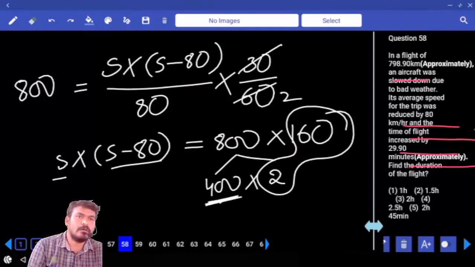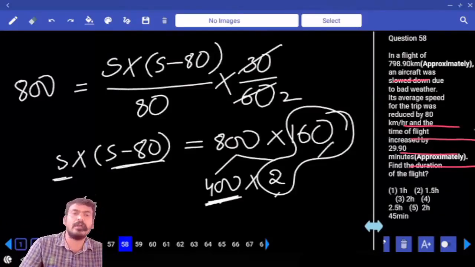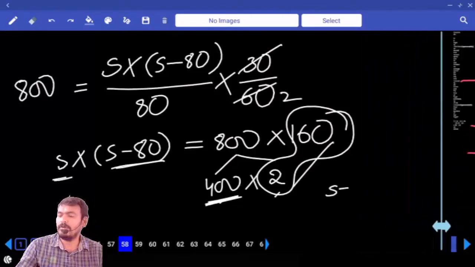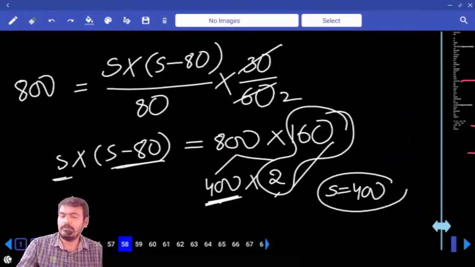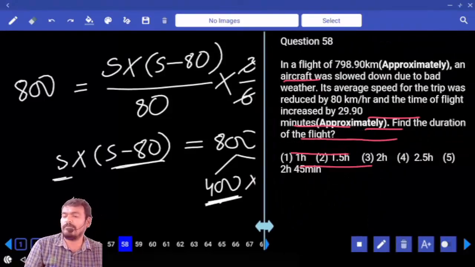Okay. Left hand side 80 difference means right hand side factors difference must also be 80, or not? One is 400, another one is 320, or not? Then S must be how much? 400 or 500? 400. S value 400, but S minus 80 value 320, or not? What is the question here? Find the duration of the flight.